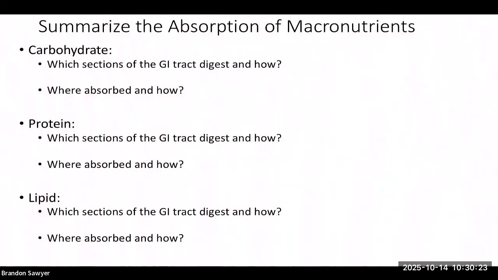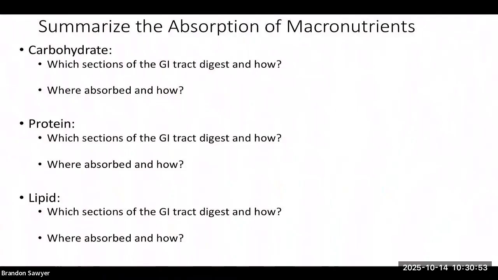Then in the small intestine the rest of the digestion happens, breaking it down into disaccharides by pancreatic amylases, and then into monosaccharides, mostly by brush border enzymes. Then we talked about the different absorption mechanisms: sodium co-transport is the primary one, with fructose absorbed by facilitated diffusion through the cell membrane.